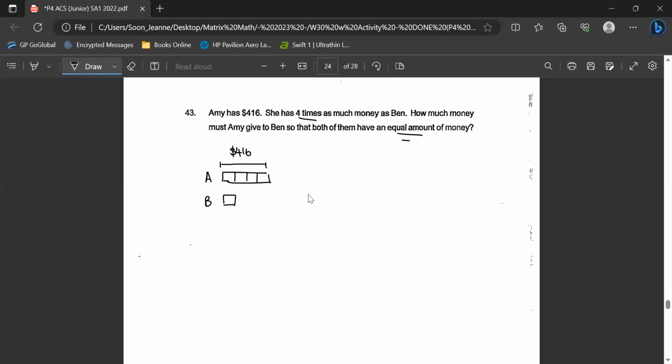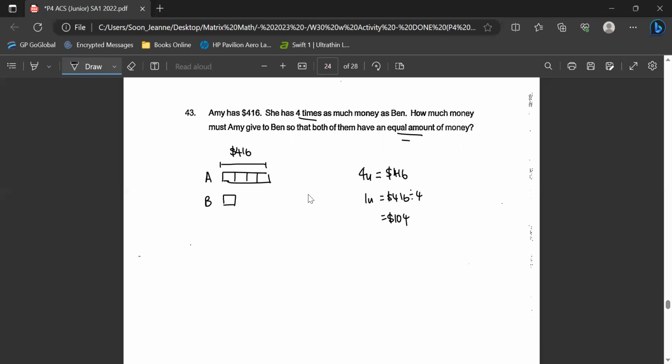Okay, so I want to know how much Amy must give to Ben so that both have equal amount. So if you look at this, right, you can actually see that the difference here is 3 units. So we are going to share 3 units equally between 2 people. So as you can see here, 416 represents 4 units. So I'm going to take 416, look for 1 unit. 416 divided by 4, 1 unit is actually $104.